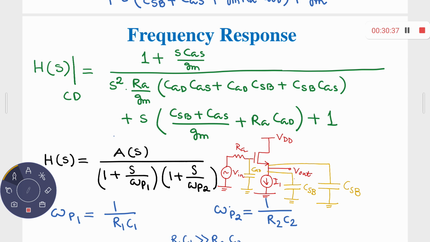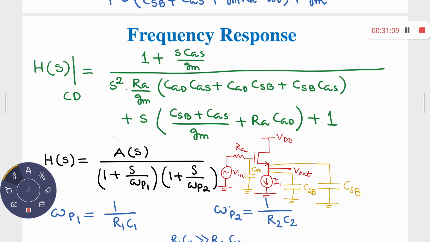So, whenever I am decomposing, the method of decomposition for your common source, what have you done? You identified that gate and drain are the two signal nodes, and so your common terminal was the source terminal. From gate to source, the source was a reference terminal, and you had one capacitor connected between the gate and the drain.